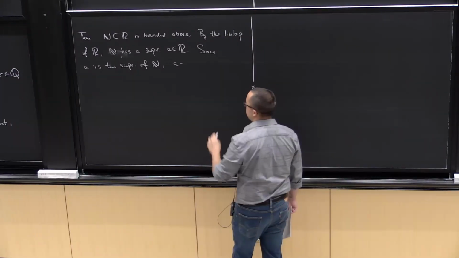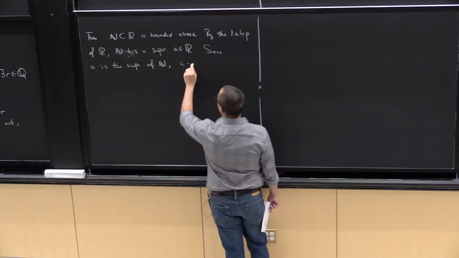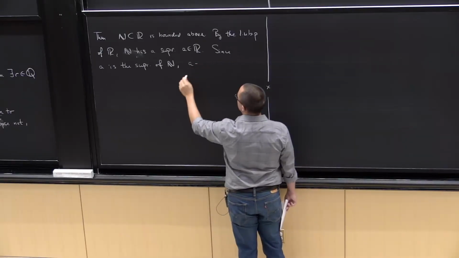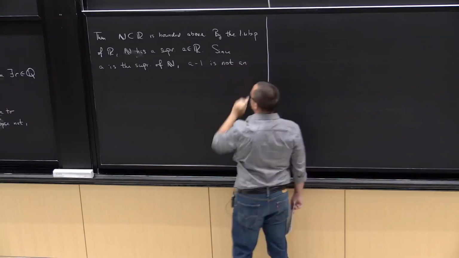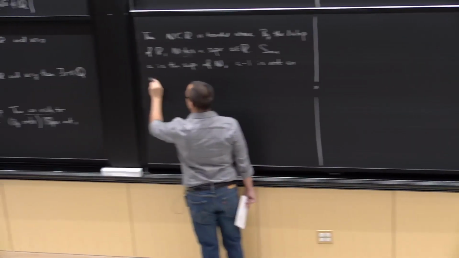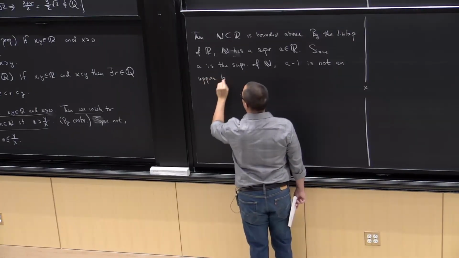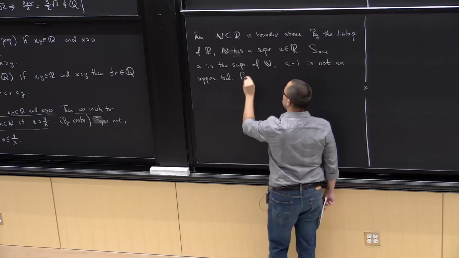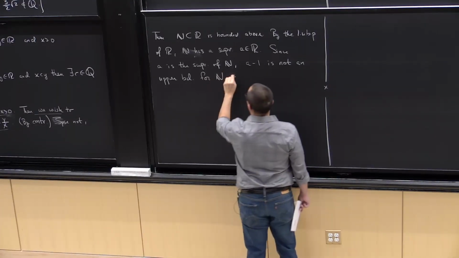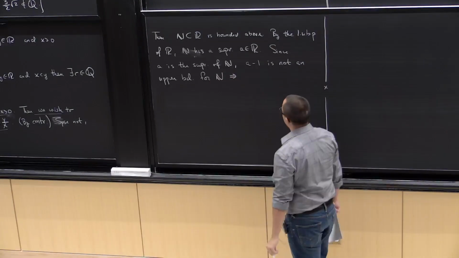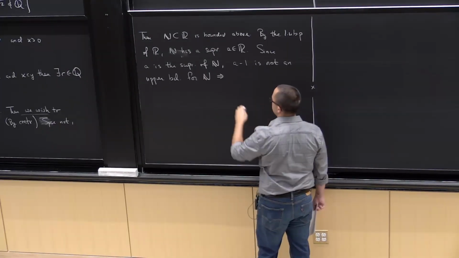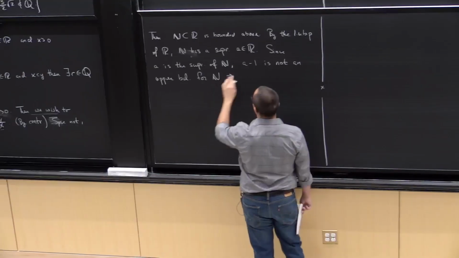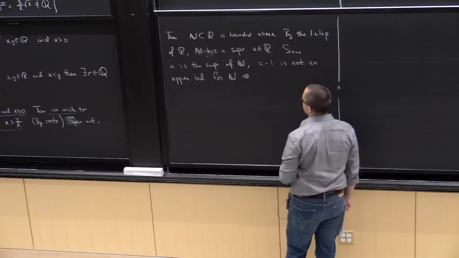So A minus 1 is not an upper bound for N. But what does that mean? If A minus 1 is not an upper bound for N, that means there must exist some element in N which is strictly bigger than A minus 1.